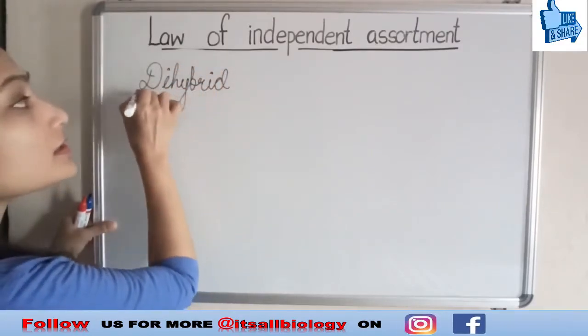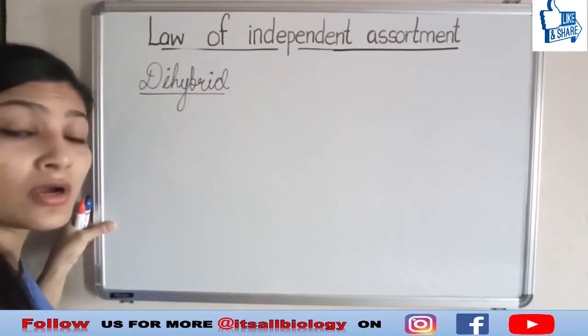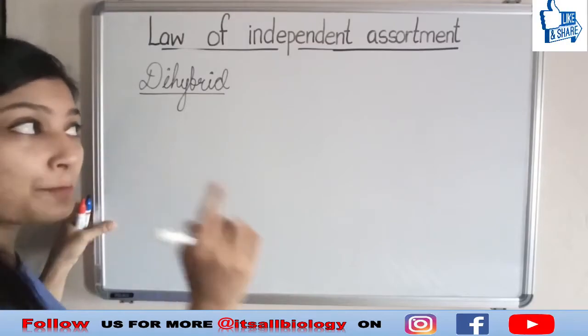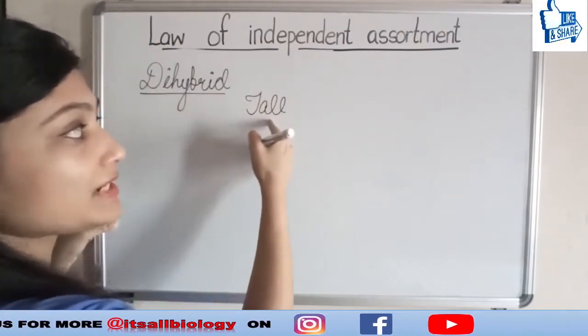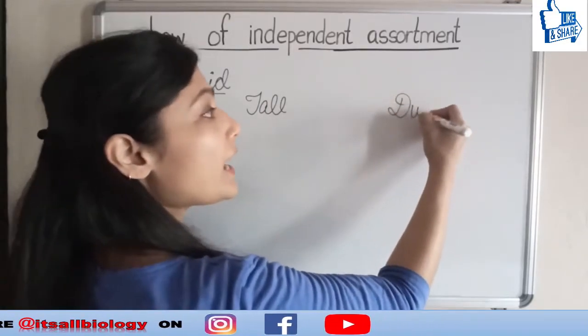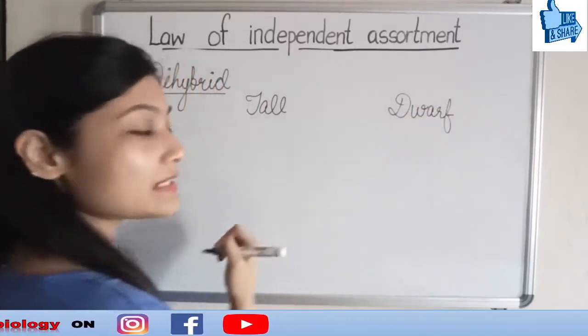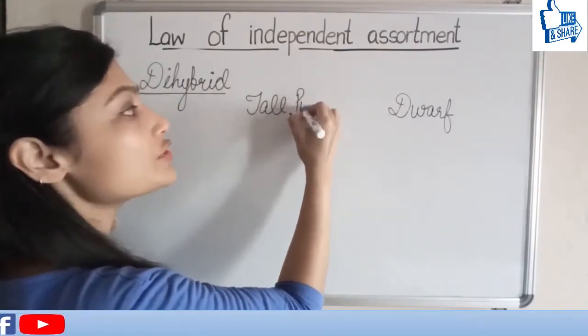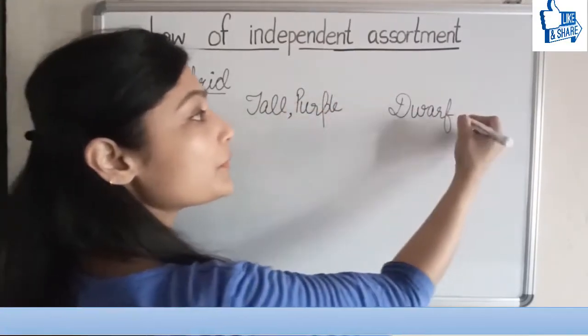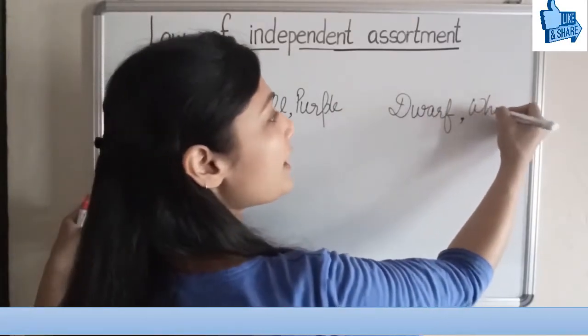The characters that I will be considering here are of a pea plant: the character of height, with traits tall and dwarf, and the second character, the color of the flower, which could be either purple or white.